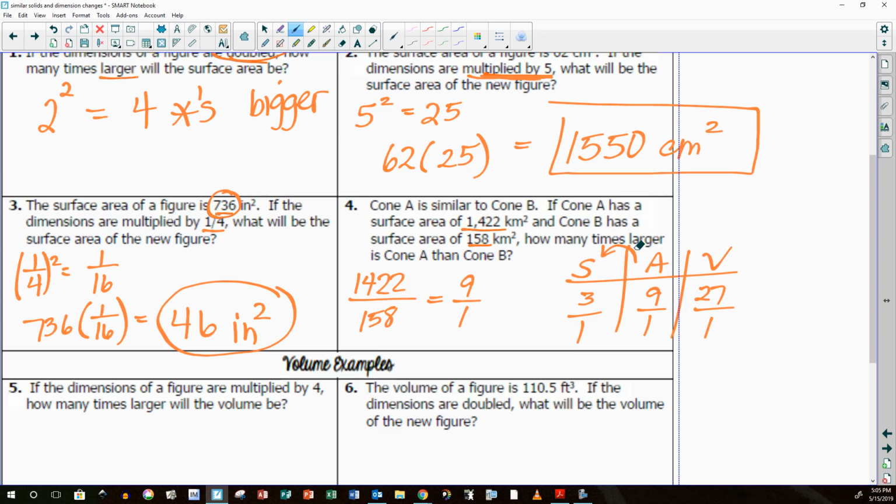So if they're asking how many times larger, well, if the area is 9 times bigger, then the whole figure is 3 times bigger. So this would be 3 times bigger, because you needed to get the actual scale factor, which would be this column here. So reduce their area and then go backwards to get the actual scale factor.